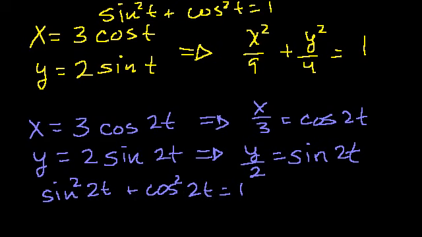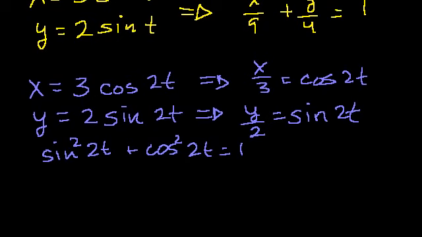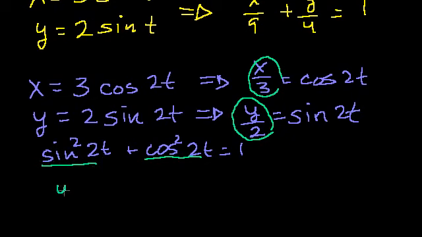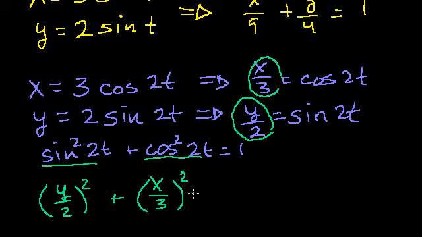So if this is true, we can just take this and substitute it in for cosine of 2t, and take the y over 2 and substitute it in for sine of 2t. And we get y over 2 squared plus x over 3 squared equals 1.